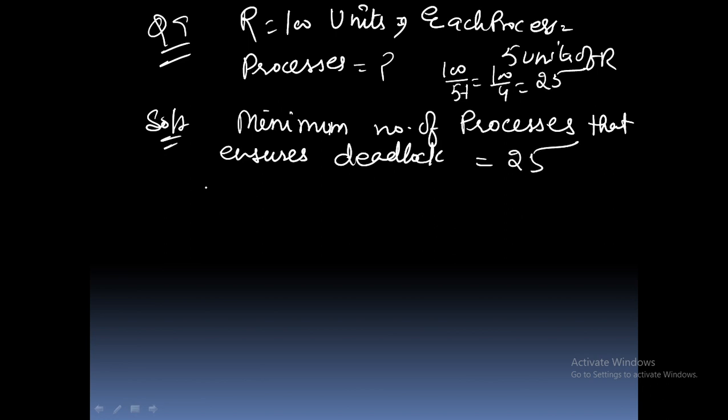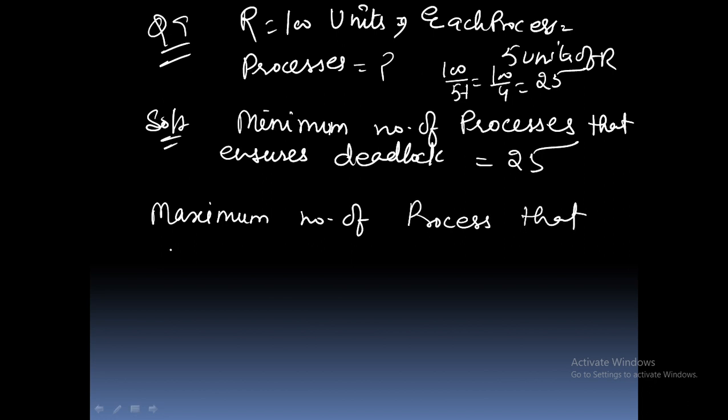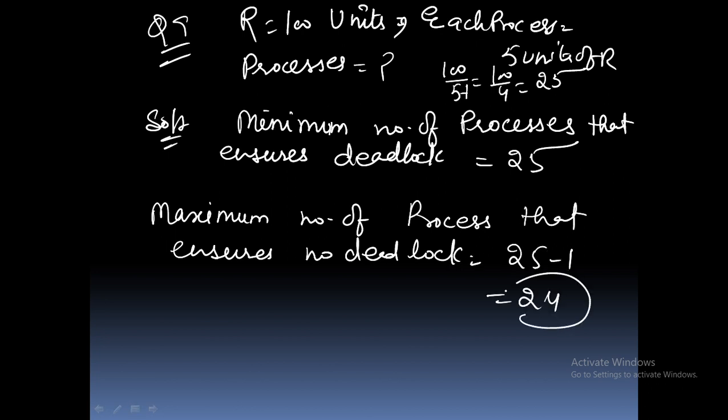You can say the minimum number of processes that ensures deadlock is 25. The maximum number of processes that ensures no deadlock, you can calculate it: 25 minus 1, that is 24.